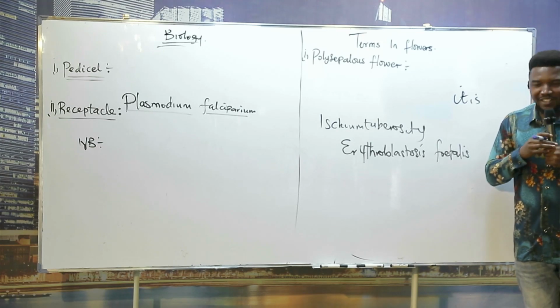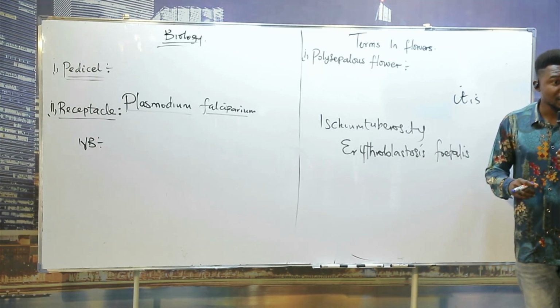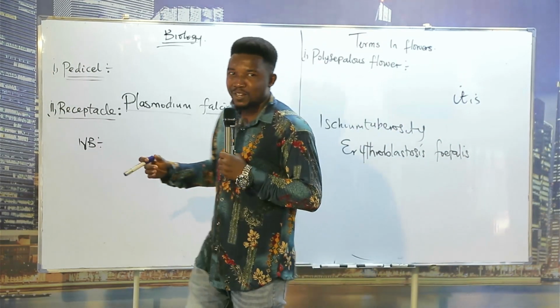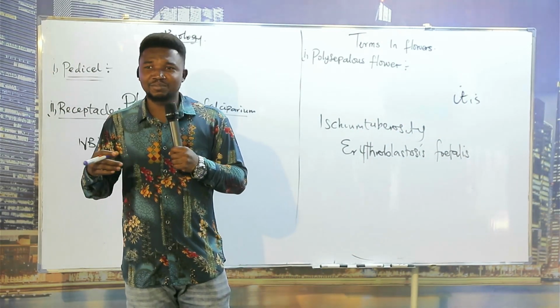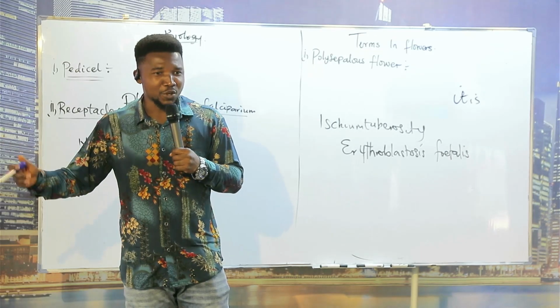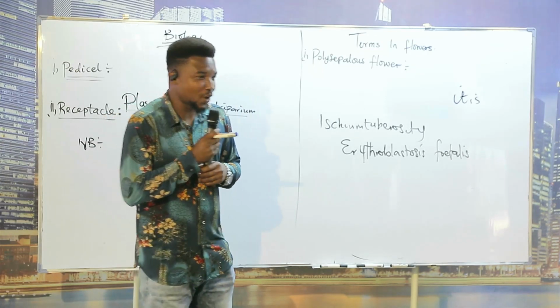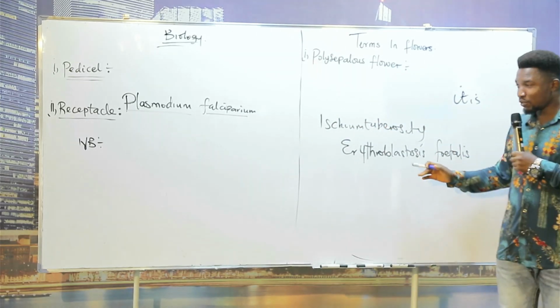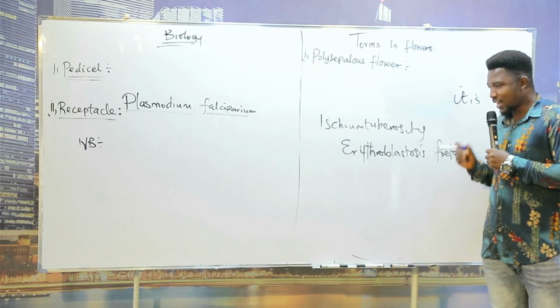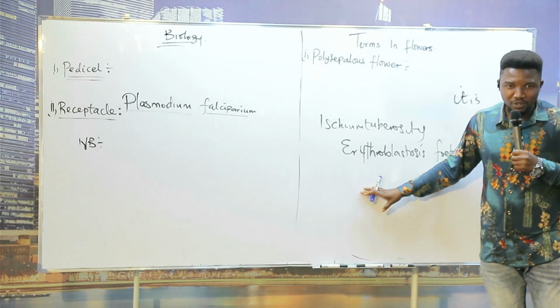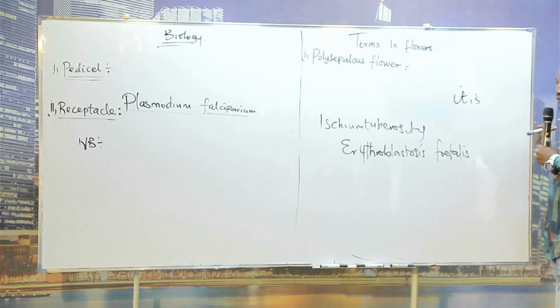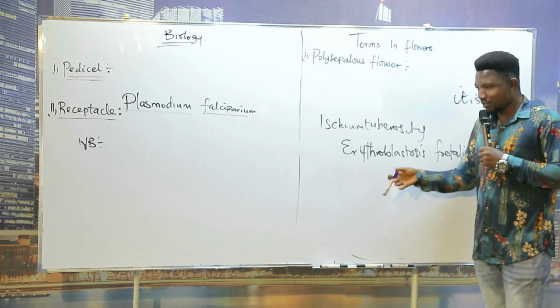This is rhesus factor mismatch, where a rhesus negative woman marries a rhesus positive man. That causes natural abortion. That's erythroblastosis fetalis, where the baby is being flushed out due to the mismatch. So without even knowing what it means, you can say, okay, the baby is separating due to this.